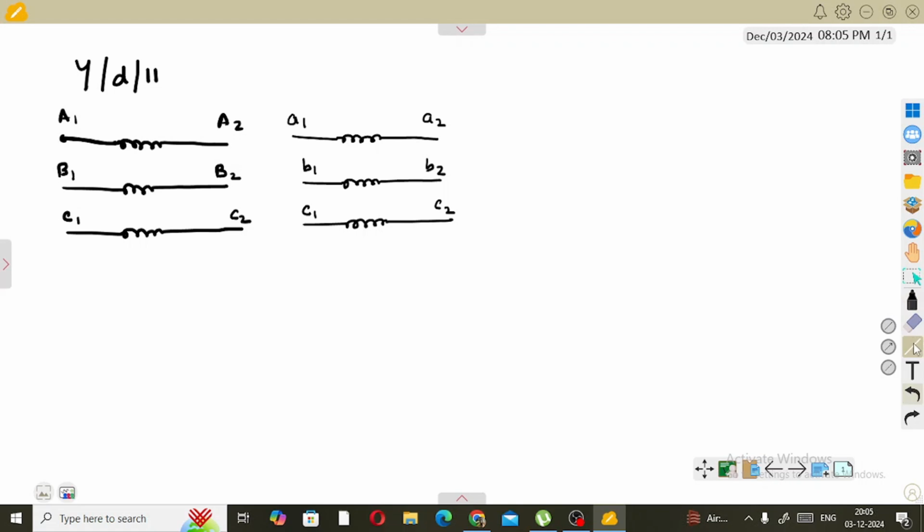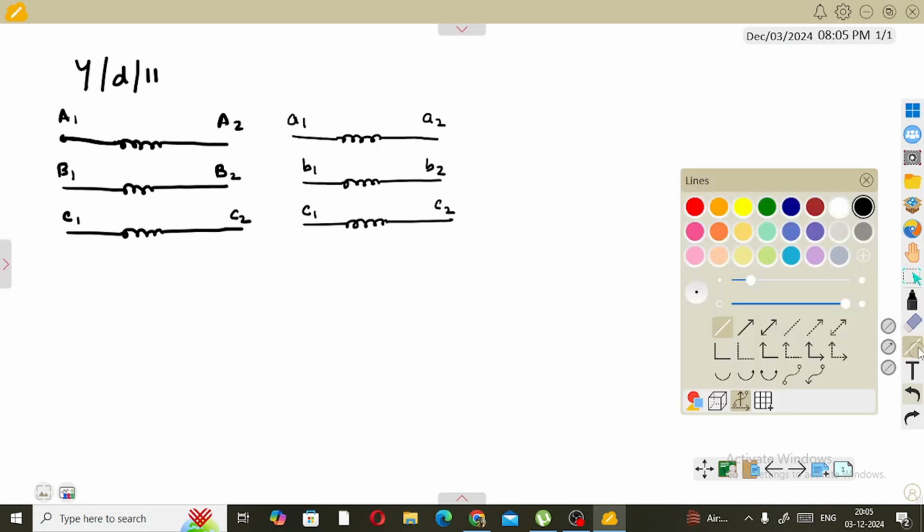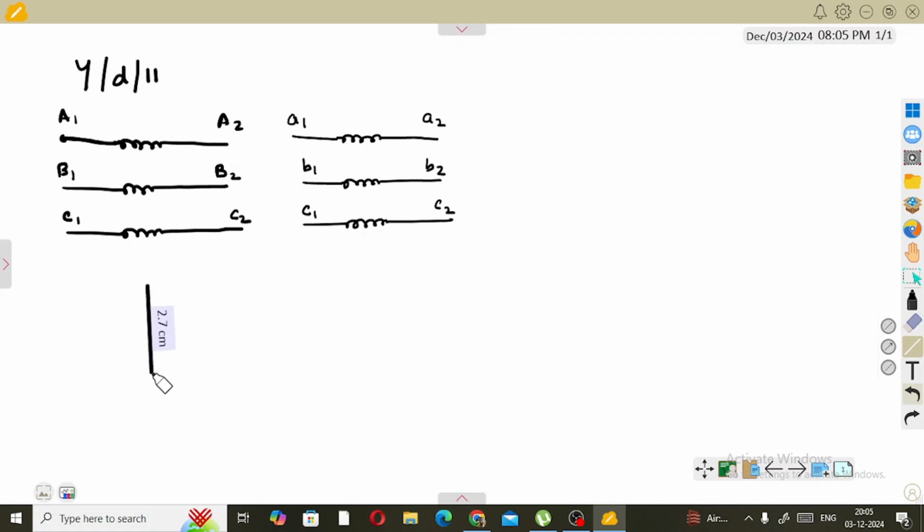So at first, what we'll do is we will draw the star connection side first, primary side first. In the primary side, we'll draw the star connection first. So this is my primary side, star.